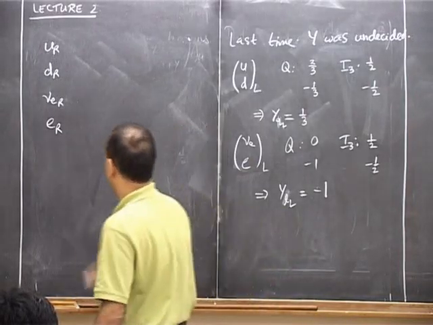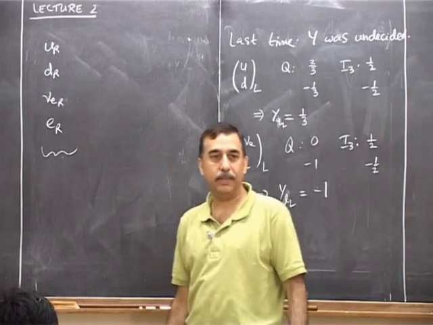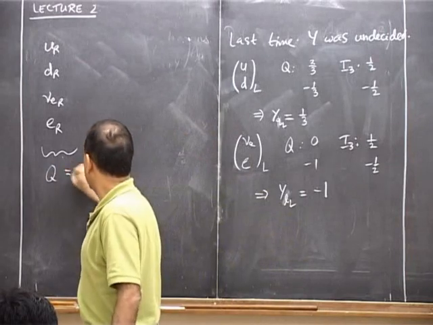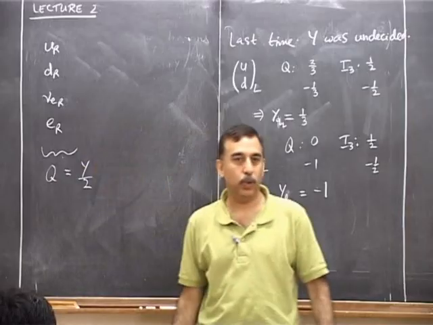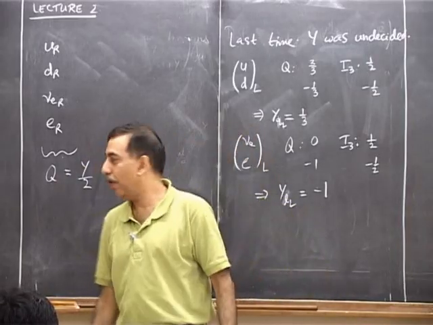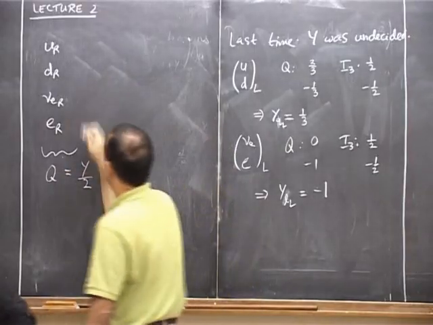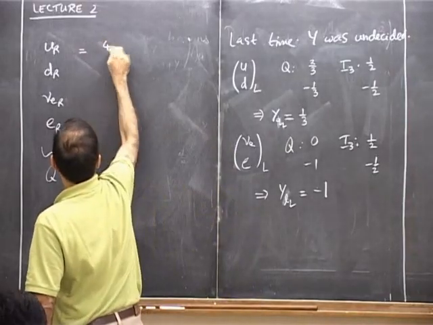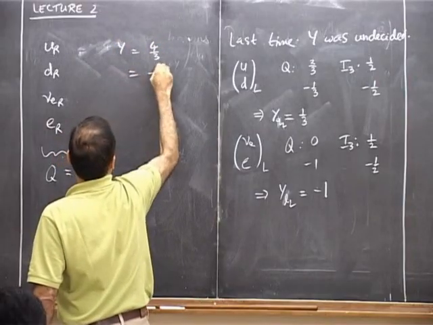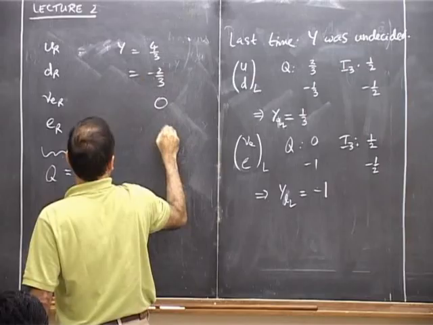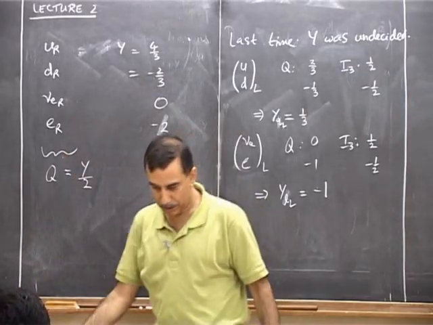The hypercharge for all of these, because these are SU(2) singlets, the I3 is 0. So the electric charge Q is just the hypercharge over 2. And so obviously we can choose a hypercharge independently for each of these four to make the electric charge what it is. Therefore the hypercharge here is 4/3, here is minus 2/3, here is 0, and here is minus 2.